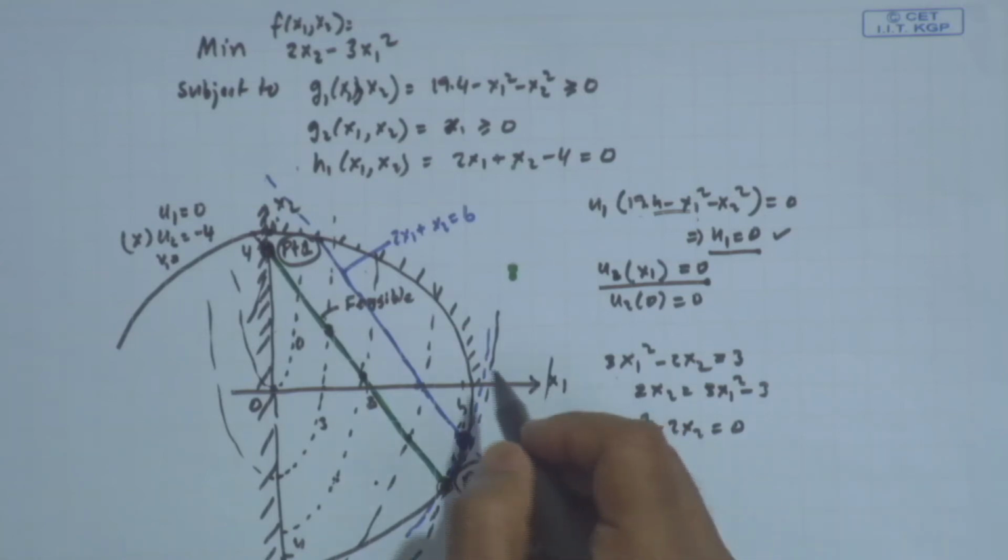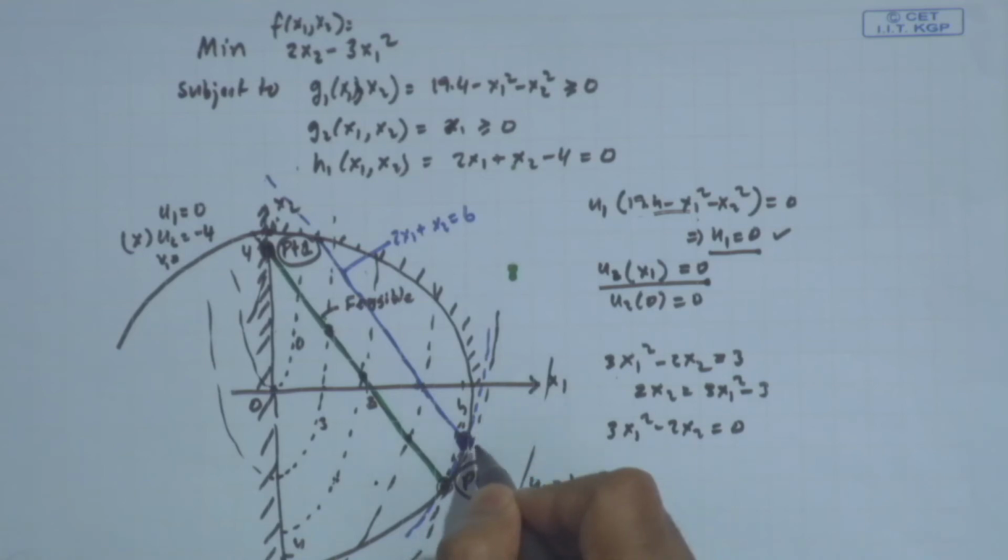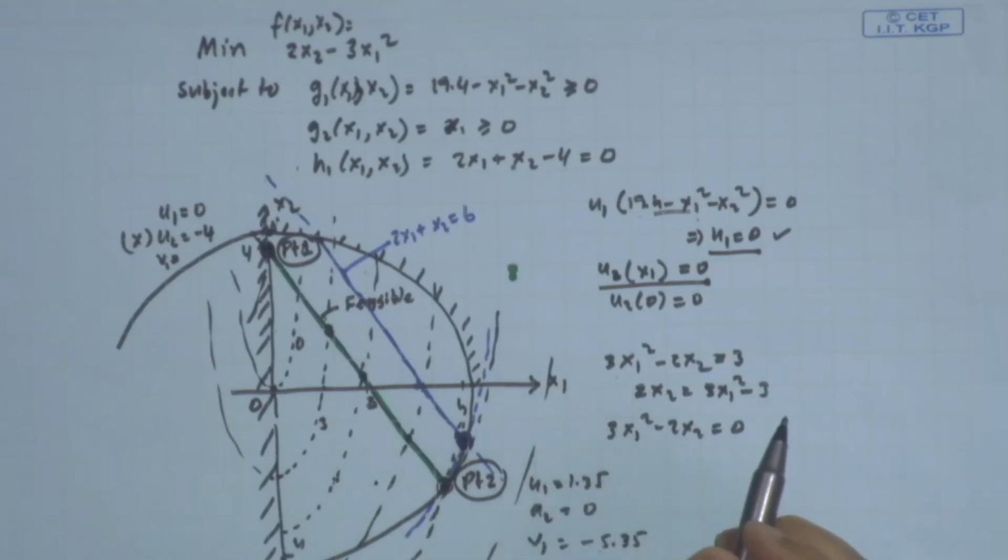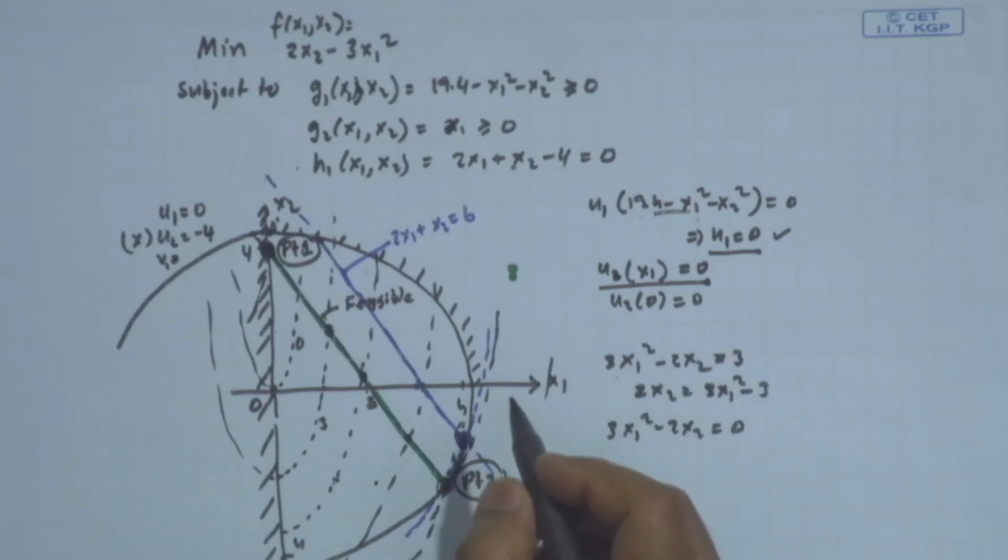So what was the value here? Did you compute the F at this point? There will be some F. Let us compute that. What was the F at this second point? 40.2.